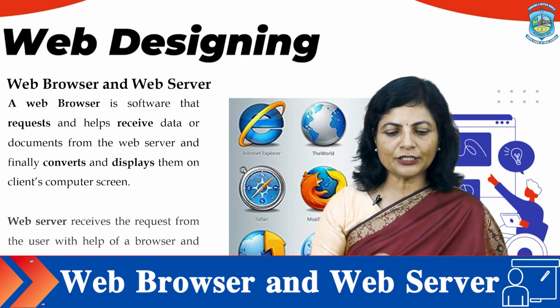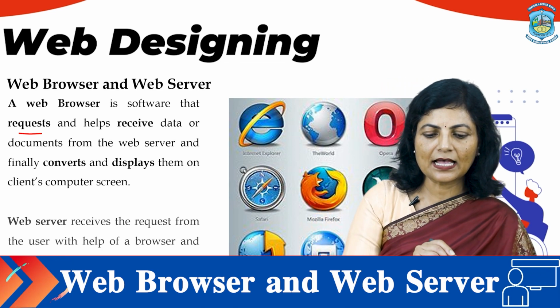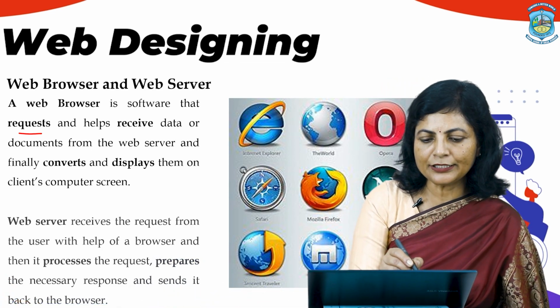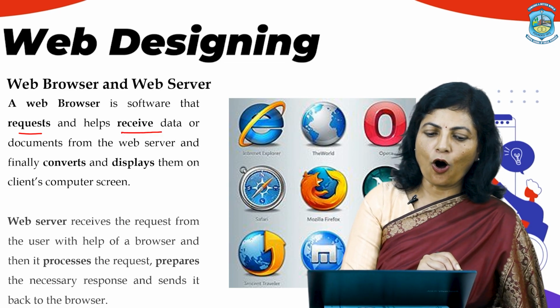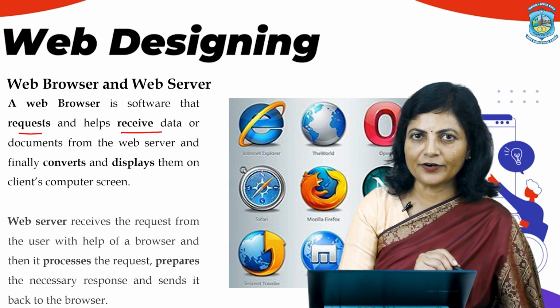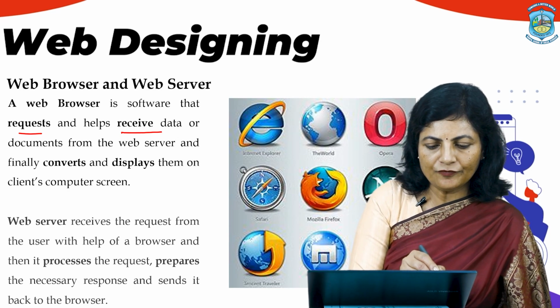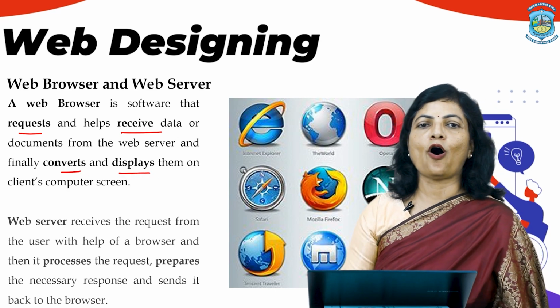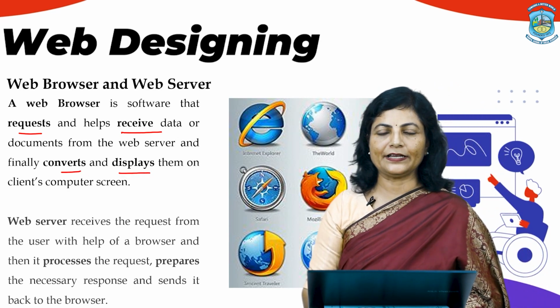A web browser is software that requests and helps the client to receive data or documents from the web server and finally converts and displays them on the client's computer screen.